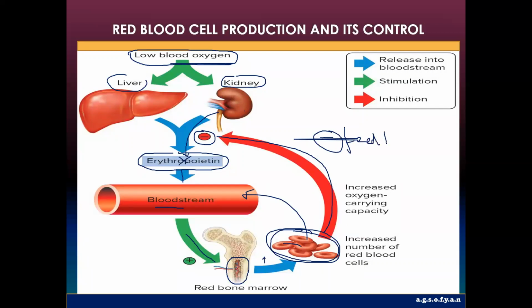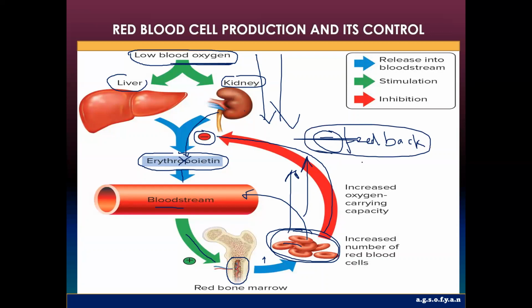The response, the increase of red blood cell production, is because the stimulus signals a decrease of red blood cells in our system. So when the stimulus decreases, the response increases. And this is again what we call the negative feedback system.